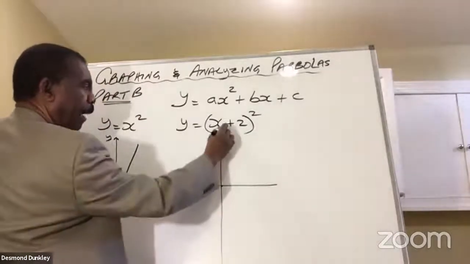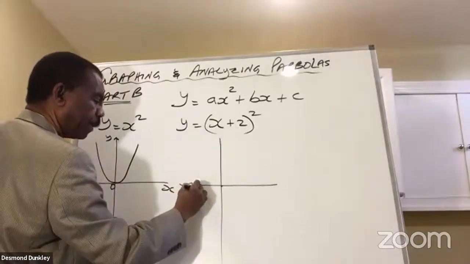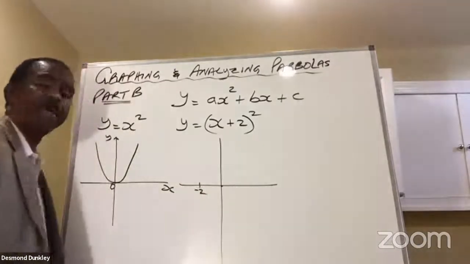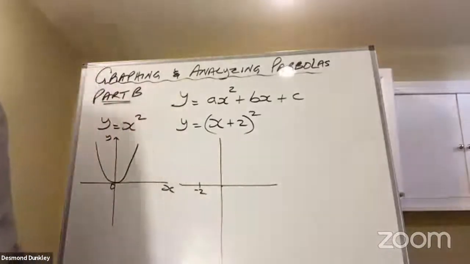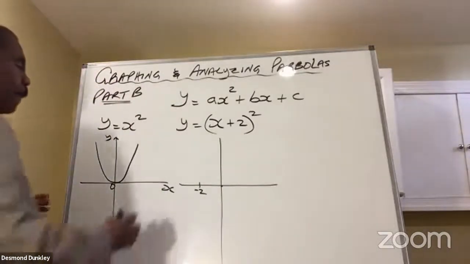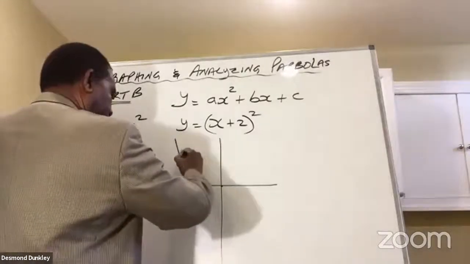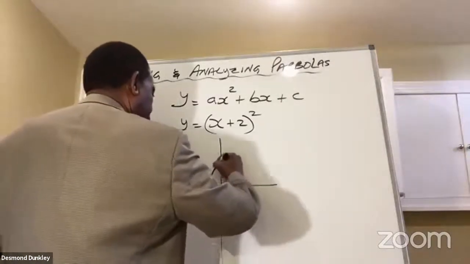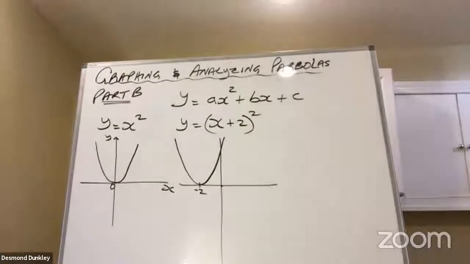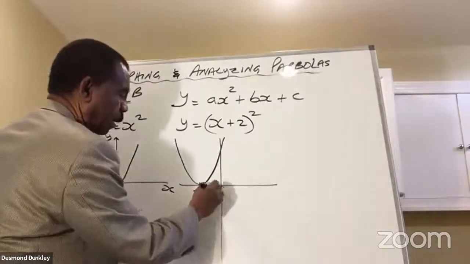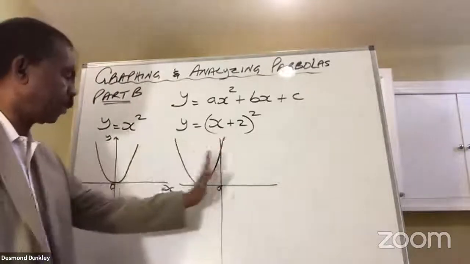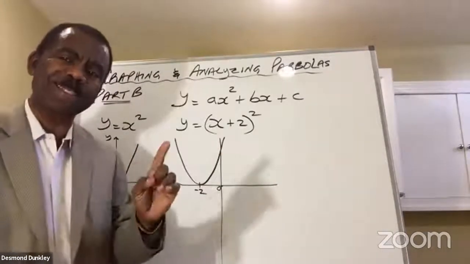Now the positive 2 causes it to shift 2 to the left. You would have thought it to be 2 to the right. But it's actually 2 to the left, and the graph has the same shape as before, except that instead of starting at the origin, which is here, the positive 2 causes it to shift to the left 2 units.